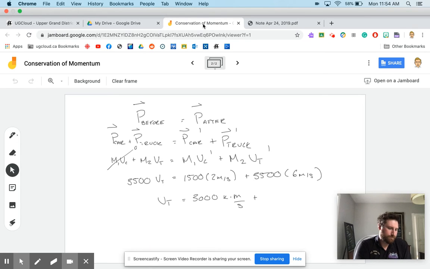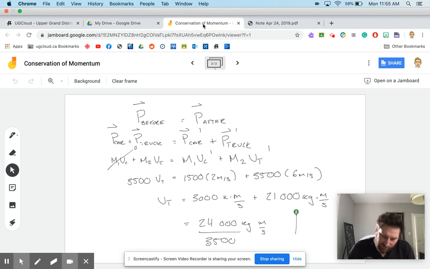plus what's 3,500 times 6? So 21,000 kilogram meters per second. And so that means the total momentum is 24,000 kilogram meters per second divided by 3,500.